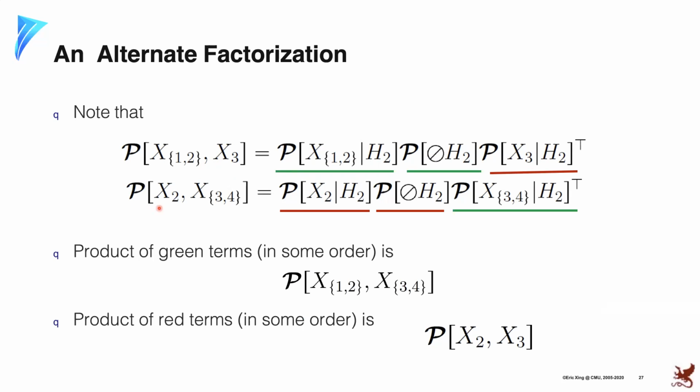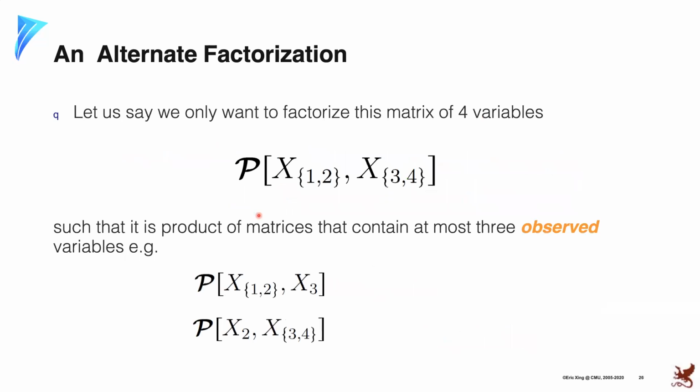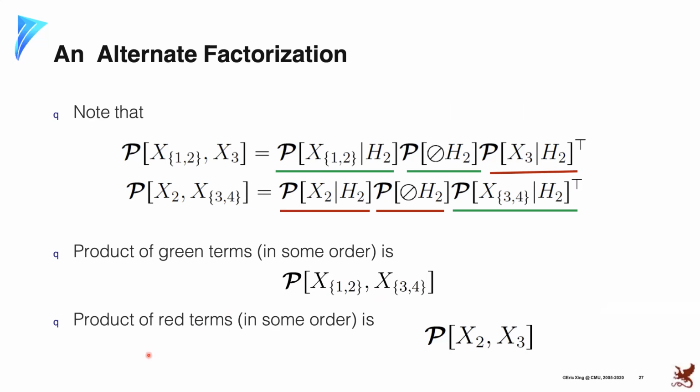We do the same for the second factor. Once we take the product of these two terms, together we have 6 terms in total. The multiplication of the green terms will result in p(x1, x2, x3, x4), which is our big M, and the product of the red terms will give us p(x2, x3).